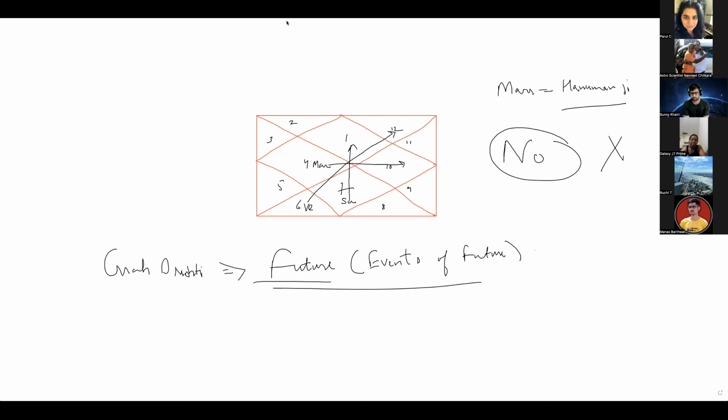But the Rashi drishti, there are two concepts. One is known as the Jivatma. The second concept is known as the Jadatma. The Jivatma means living entity, and Jivatma, Muni Parashara is saying, belongs to planets.